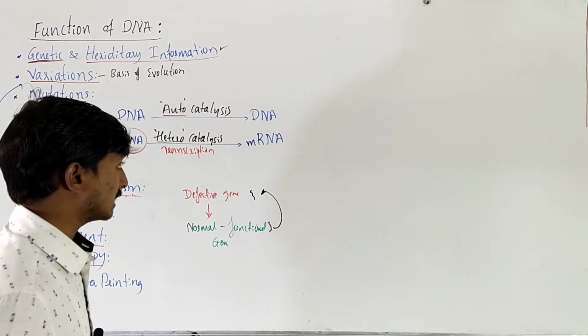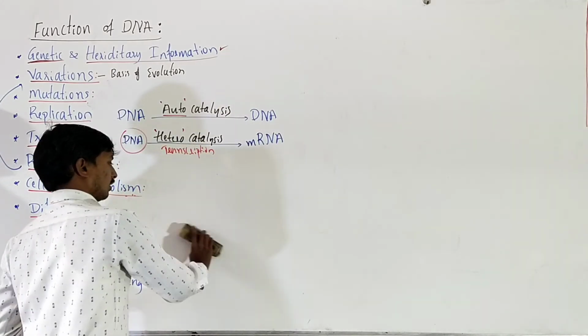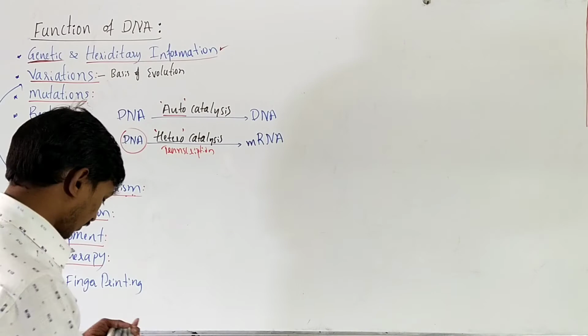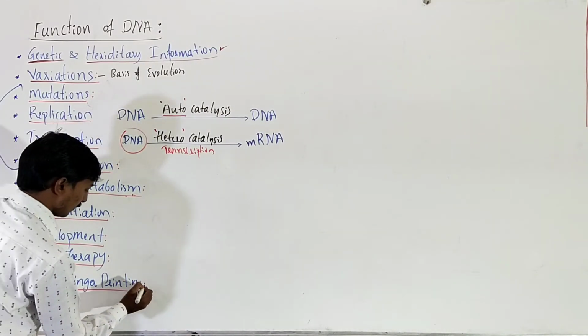Lastly, the major use of DNA in forensic science is DNA fingerprinting.